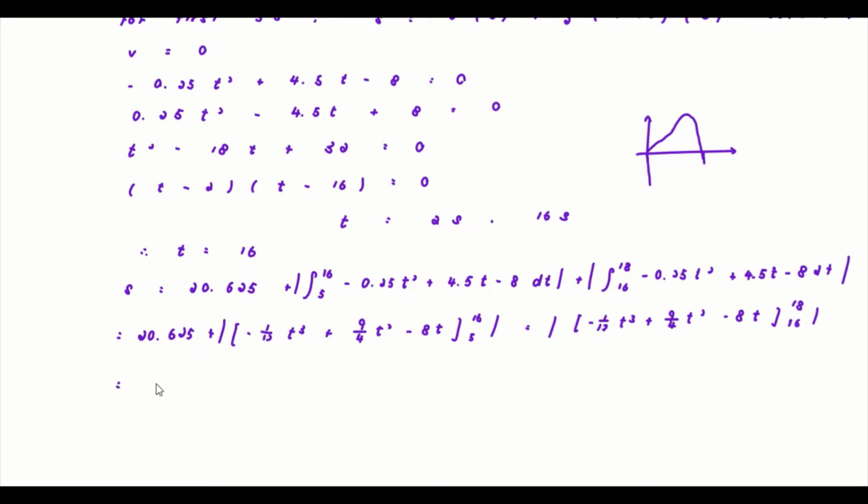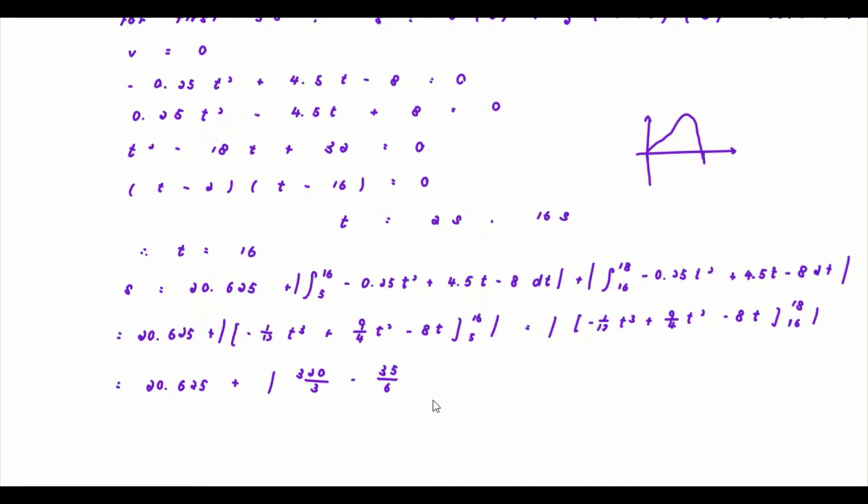After that, let's substitute the numbers. Like I said, you don't need to write down the whole thing, but it's good to write down the two values you get. So substitute 16 to get your number, which will give you 230 over 3 minus 35 over 6.